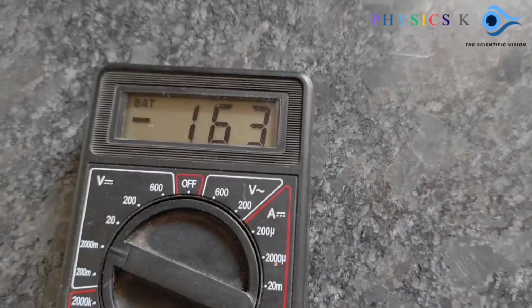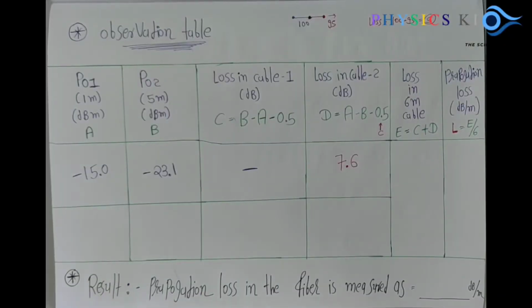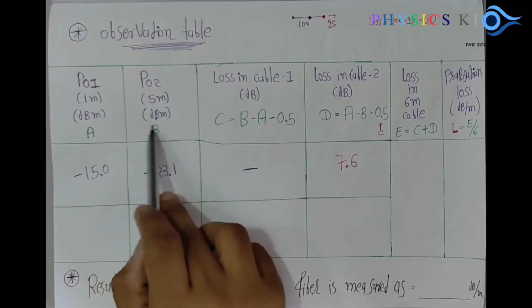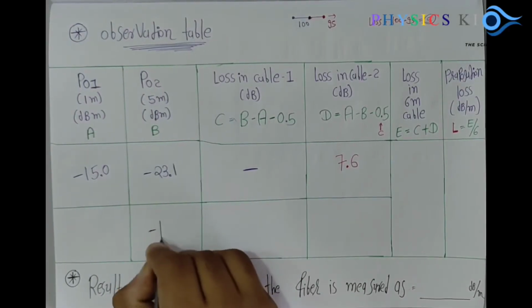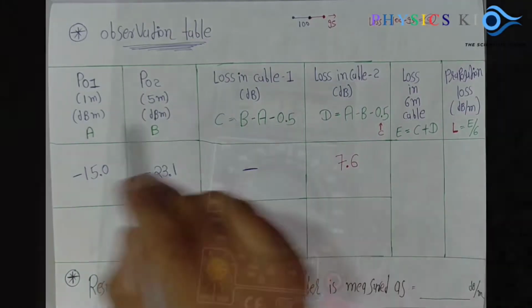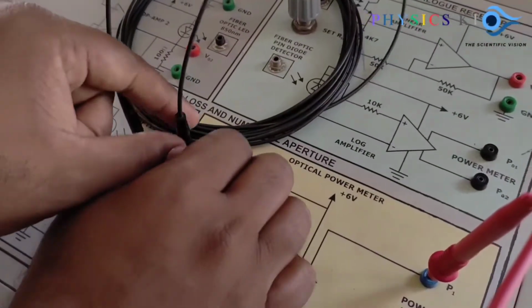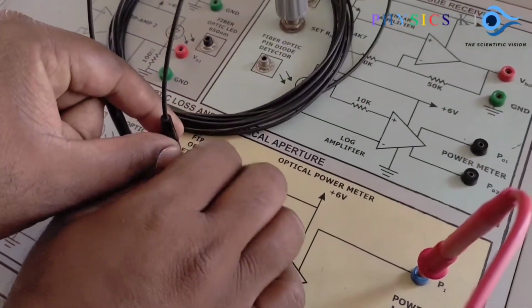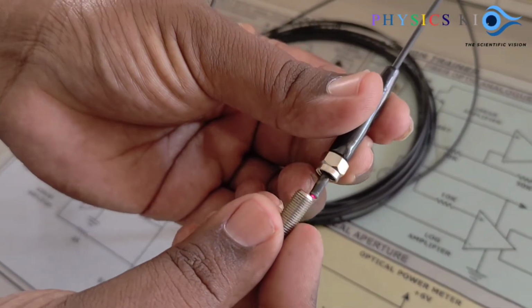So I received minus 16.3. Okay, so I am noting the PO2 value for the 5-meter cable, it is minus 16.3. And after that, using the coupler I am connecting the second end point. Yeah, this one is the second end point.